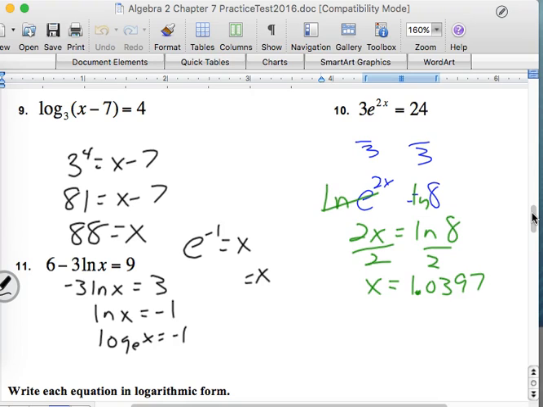It's on your calculator. Push those buttons. Don't use the ln anymore. E to the negative 1.